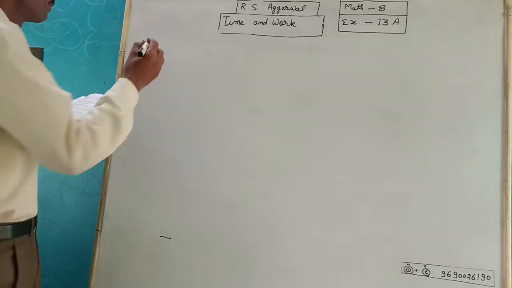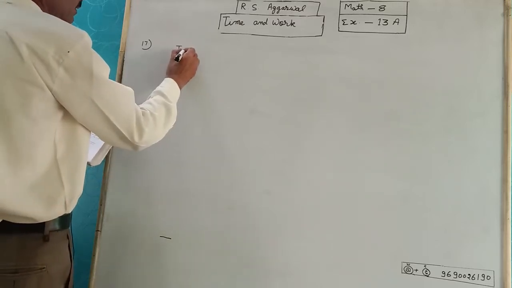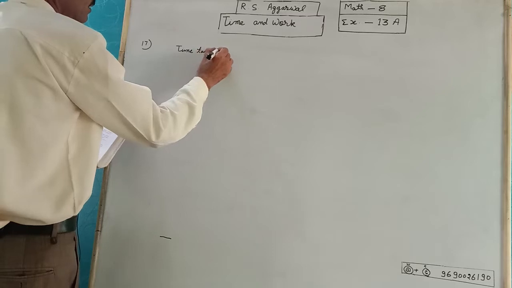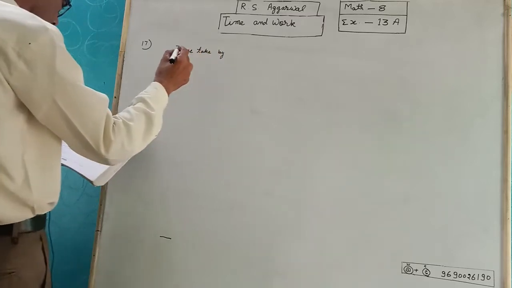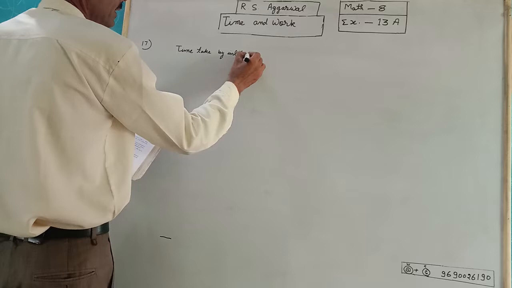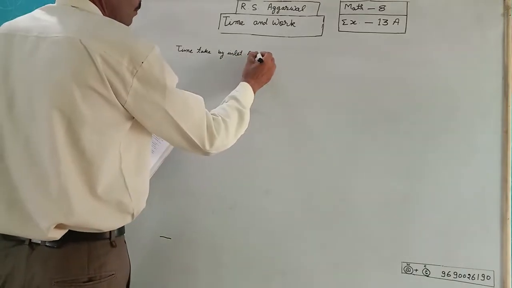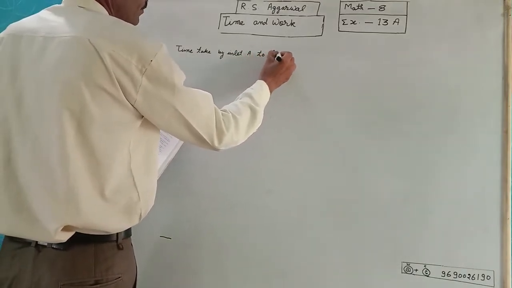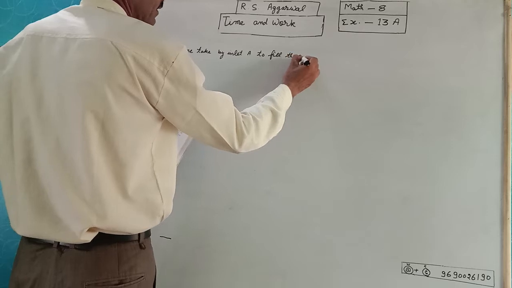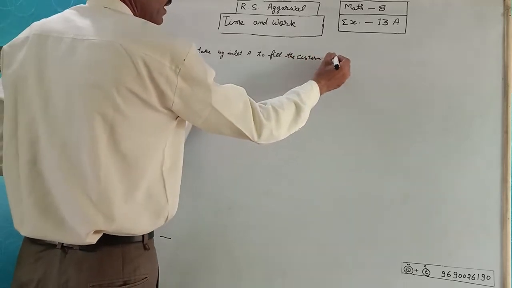So you write: the time taken by inlet A to fill the cistern is equal to 12 minutes.